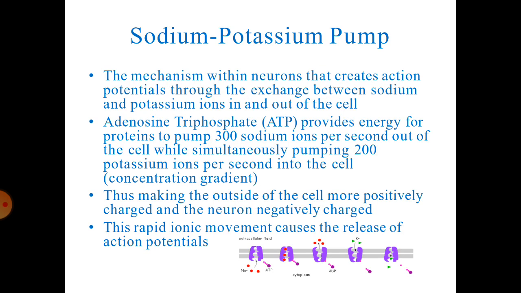This slide shows the sodium potassium pump. It is the mechanism within neurons that creates action potentials through the exchange of sodium and potassium ions in and out of the cell, thus making the outside of the cell membrane more positively charged and the neuron negatively charged.